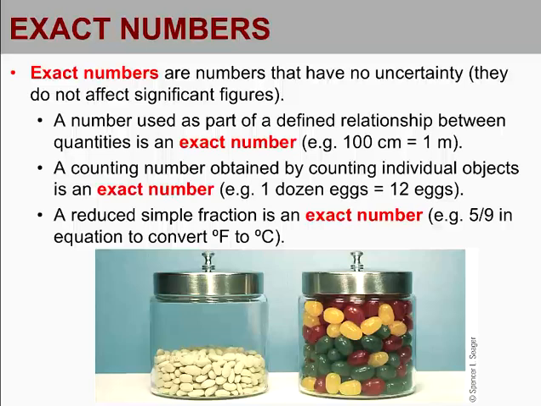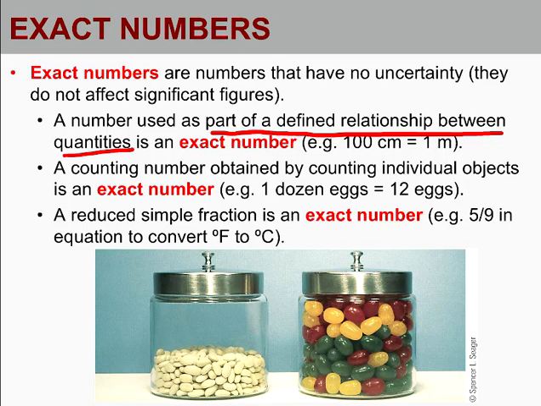So for instance, an exact number is either part of a defined relationship between quantities. So for example, there are exactly 100 centimeters for every 1 meter. So both of those values are considered to be exact.